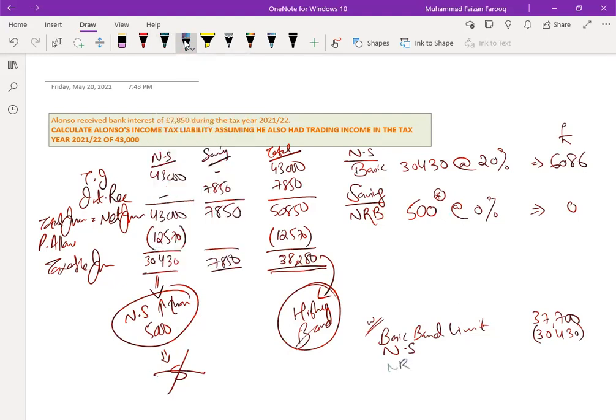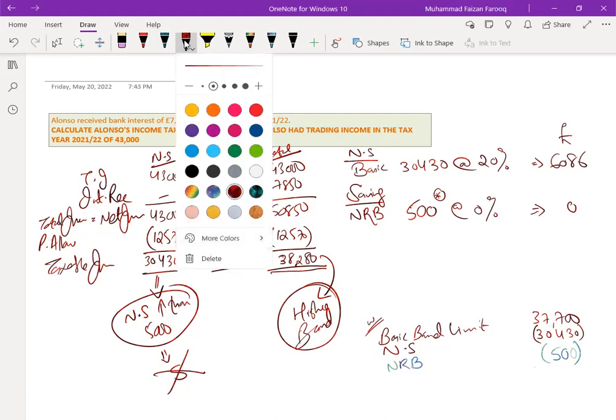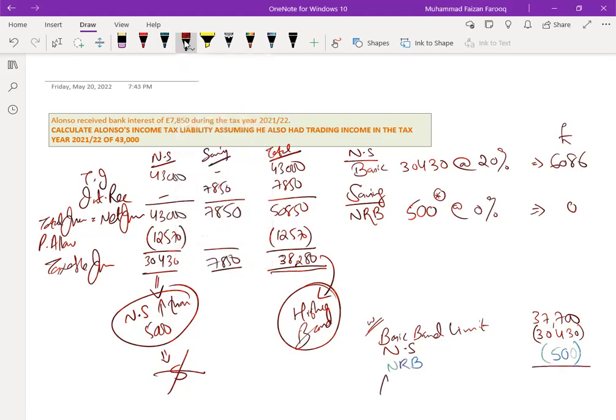How much did we use in the nil rate band? 500. So the limit left over in the basic band is how much? 6,770. This will be called available for savings.